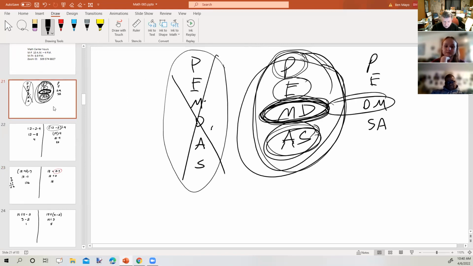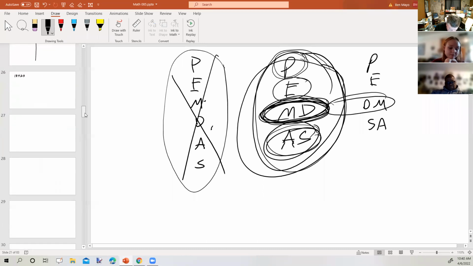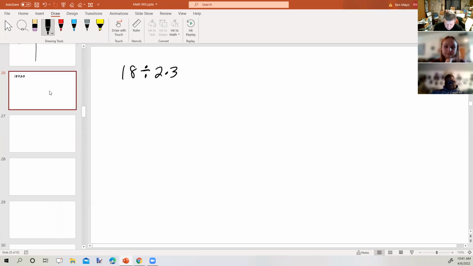Multiplication or division, which we do whichever comes first from left to right. So I'm going to do the division first because it comes before the multiplication. 18 divided by 2 is 9. 9 times 3 is 27. Okay.